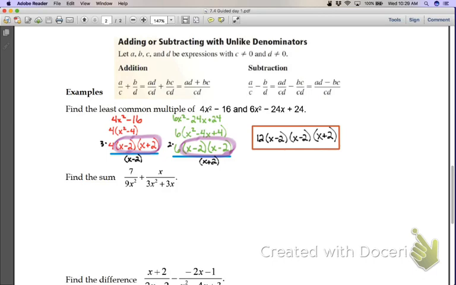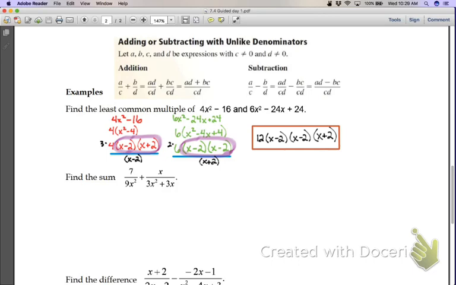Because the green one had 2 x minus 2's. Does that make sense? So then why wouldn't there be 3 x minus 2's? Because the red one has 1, so it has to get 1 more. The green one has 2 x minus 2's, so now they both have 2.